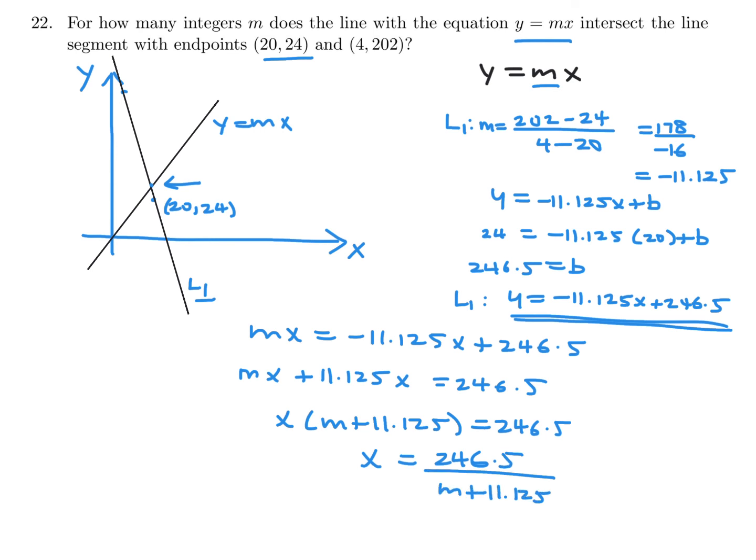Okay, so now from the question, you can see that they're giving us endpoints. They actually even call it endpoints. One endpoint for x is 20, and the other one is 4. So that means that x is between 4 and 20 inclusive. That's very important.